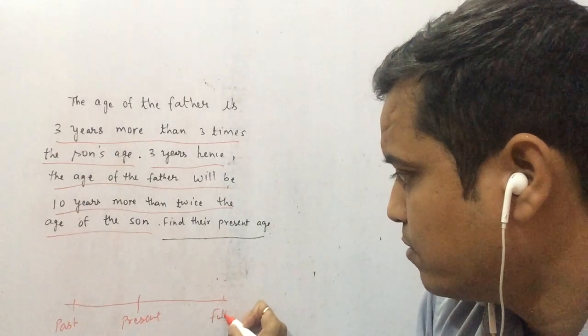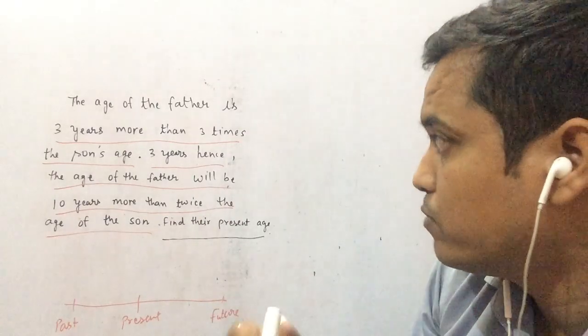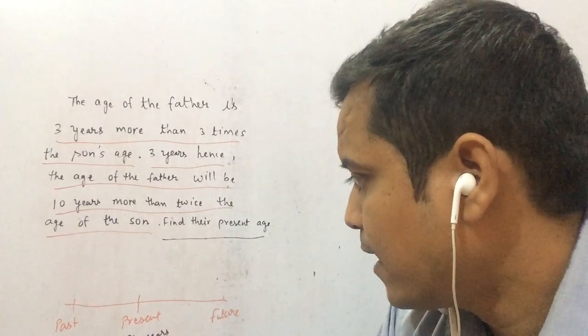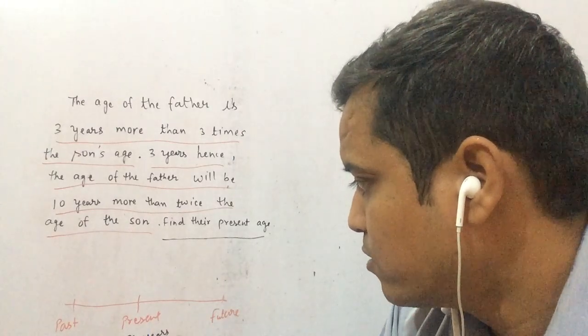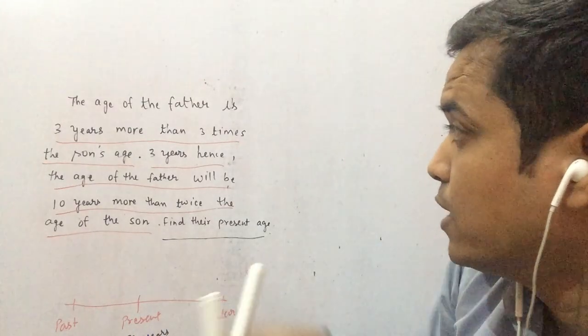Okay, this is the timeline. Suppose the age of his father is x years and his son's is y years.